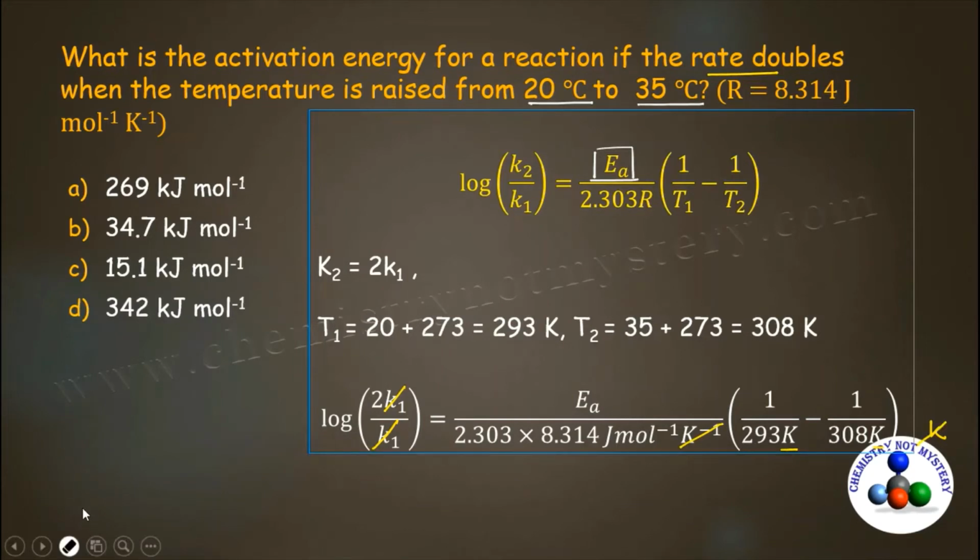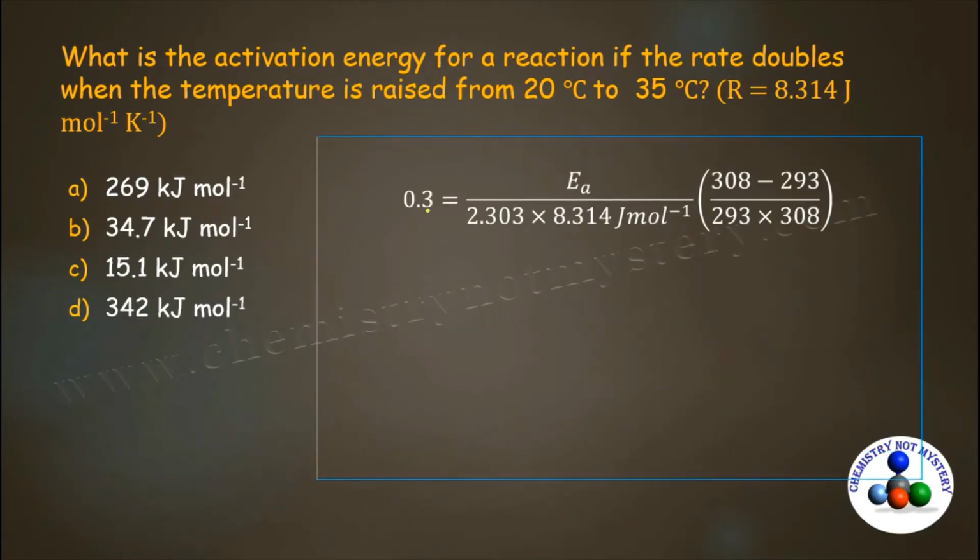The value of log 2 is equal to 0.301. So here you will get 0.3 is equal to EA over 2.303 multiplied by 8.314 joule per mole multiplied by 308 minus 293 over 293 multiplied by 308.